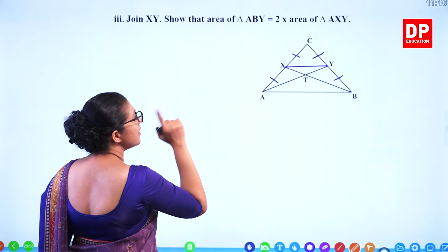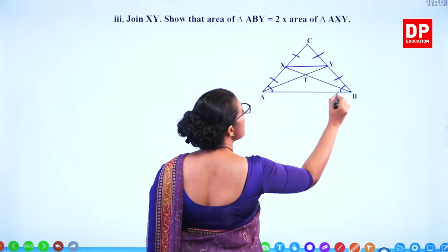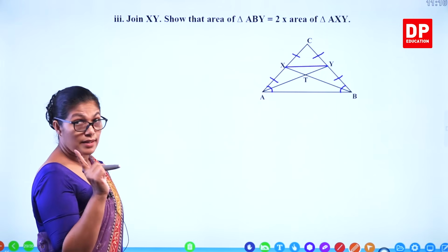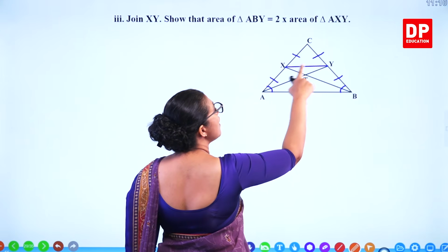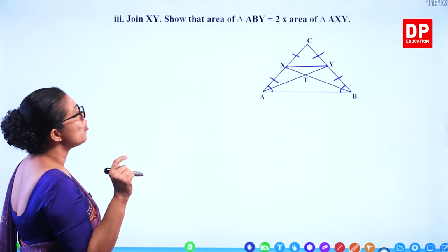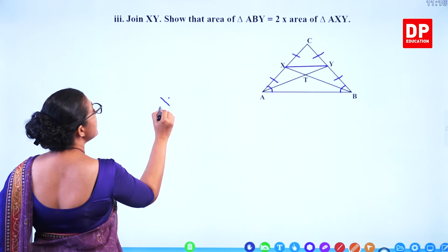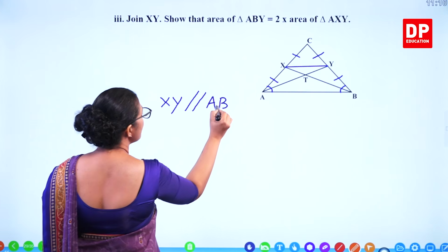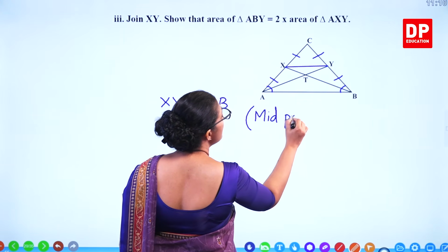Midpoints and the two lengths are equal. And we know these angles are equal. And can you see this is a midpoint? This is also a midpoint. According to midpoint theorem, what can you say about XY and AB? XY is parallel to AB according to midpoint theorem.